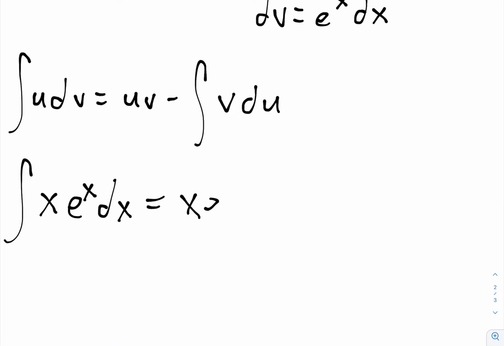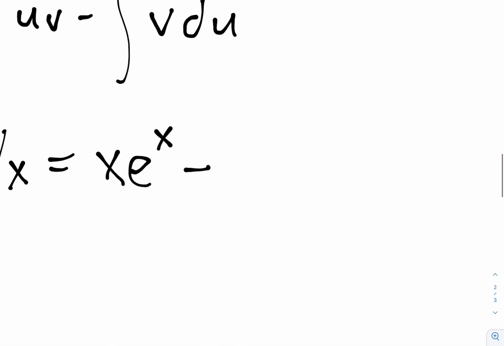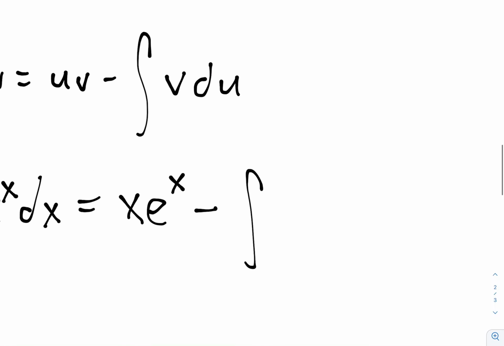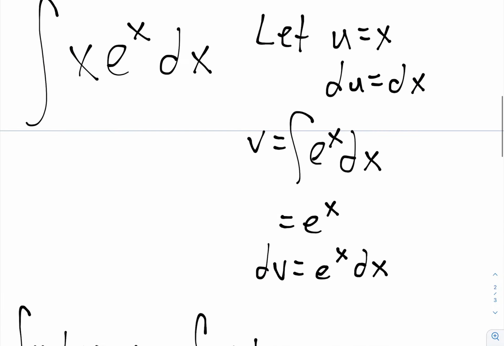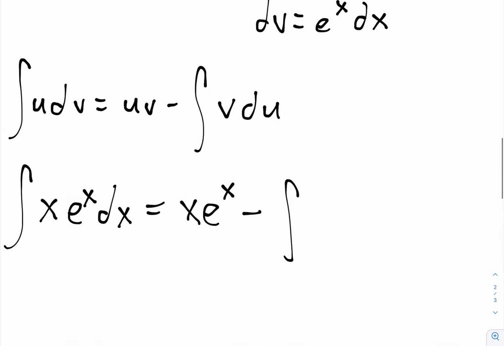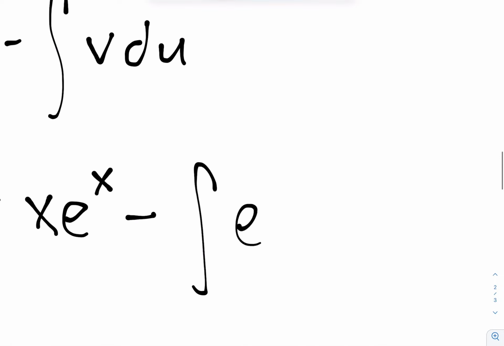So that is x times e to the x minus the integral of v du. So what was our v? That was e to the x, du was dx. So minus the integral of e to the x dx.